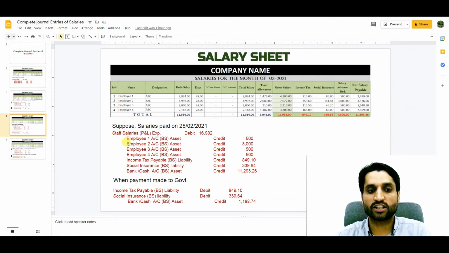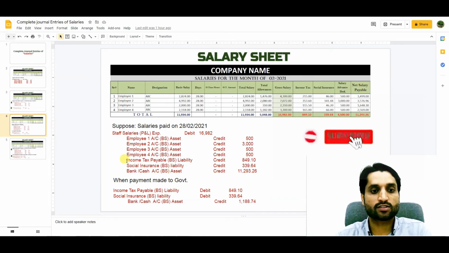Now the loans deduction will be here as credit. Income tax payable as our liability will be credit with 849.10, this is the income tax column. Social insurance in balance sheet as a current liability will be credit as 339.64, this column. And at the end, bank or cash account will be credit with 11,293.26, which is net salary paid to the employees.